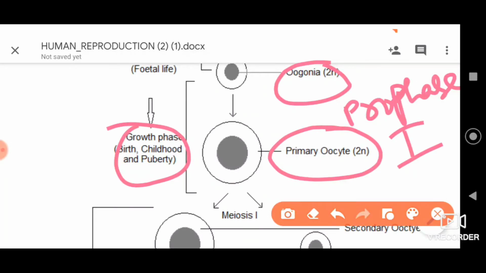Further, dear friends, let us move on to the next stage. The primary oocyte will continue the growth phase. Each primary oocyte will be surrounded by a layer of cells.